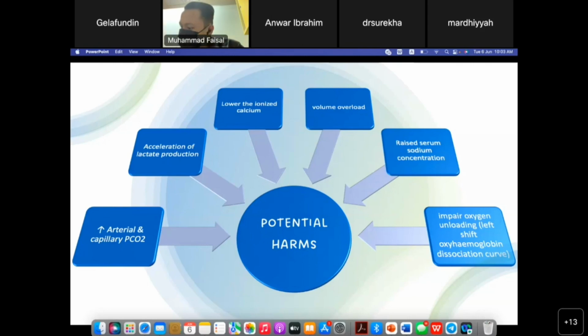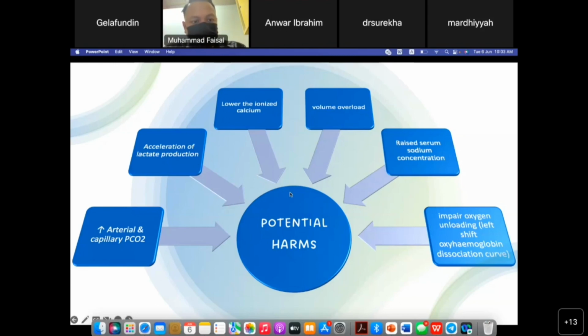That's why the ionized calcium in your blood will be lower. It also depends on how much you give. If you give isotonic bicarb, you can create volume overload. Sodium bicarb can also raise serum sodium concentration, because it is given in the form of sodium bicarb, so there is sodium in it. Lastly, it can impair oxygen unloading, because alkalization causes a left shift of the oxyhemoglobin dissociation curve.